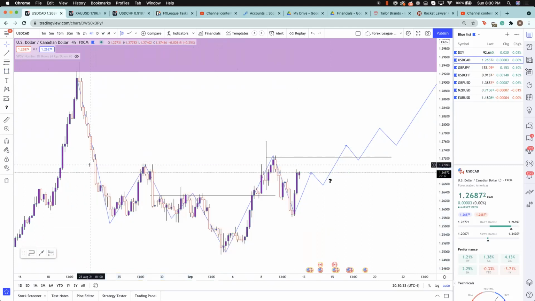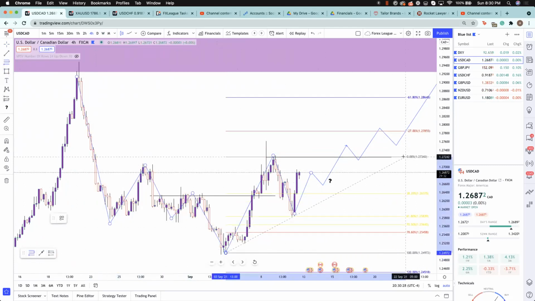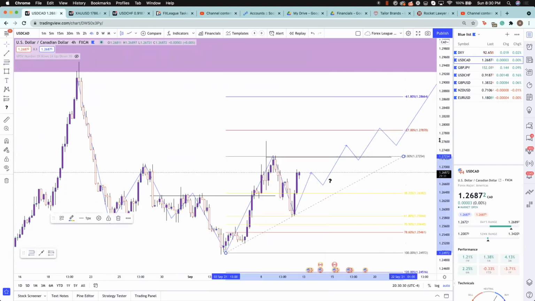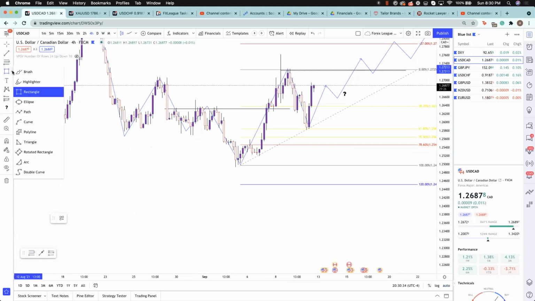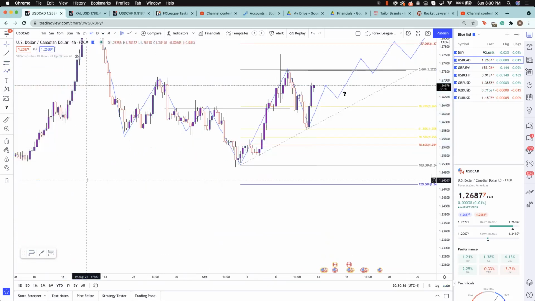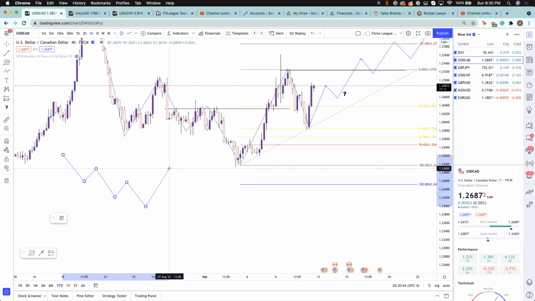Whenever we see this type of transition, we want to fib this. So just to break this down without even being on the chart, this is basically what we are looking at right now. We have a downtrend, boom, and then we had a little bit of a break, came back for the retest.